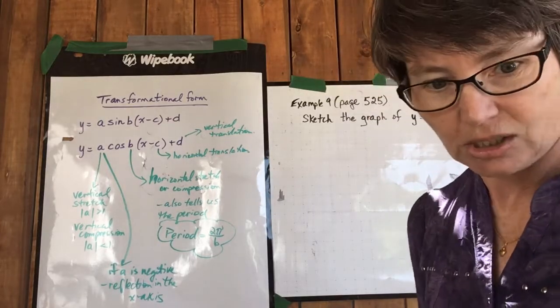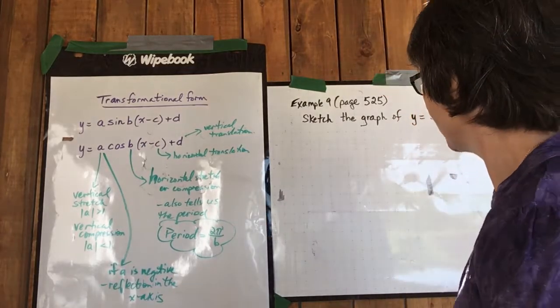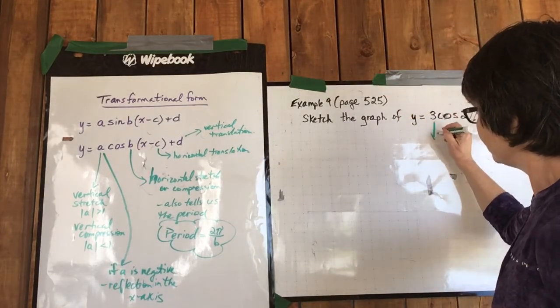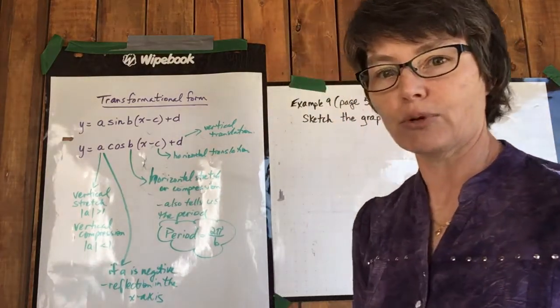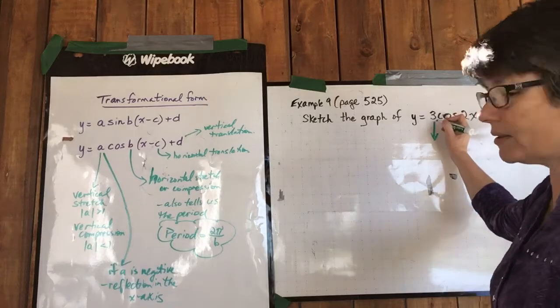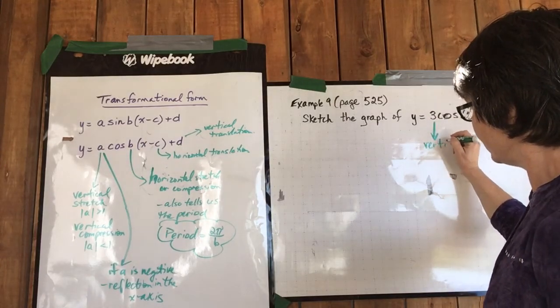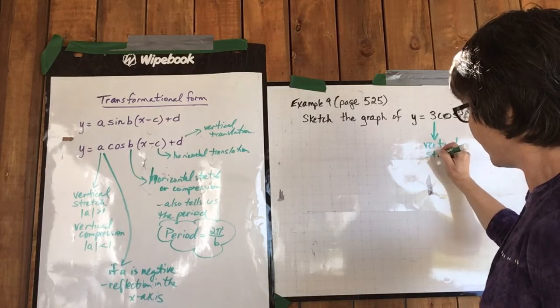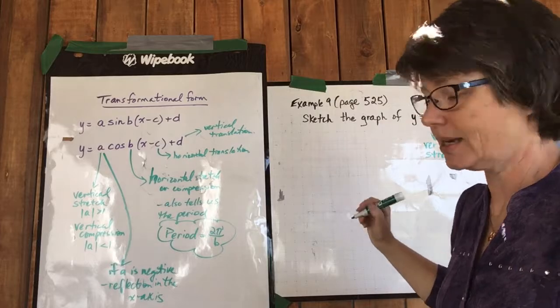So we want to be thinking about this number right here. This number is in the position of the vertical stretch or compression. This number is bigger than 1, so it's going to be a vertical stretch. And it's positive, so there's no reflection in the x-axis.